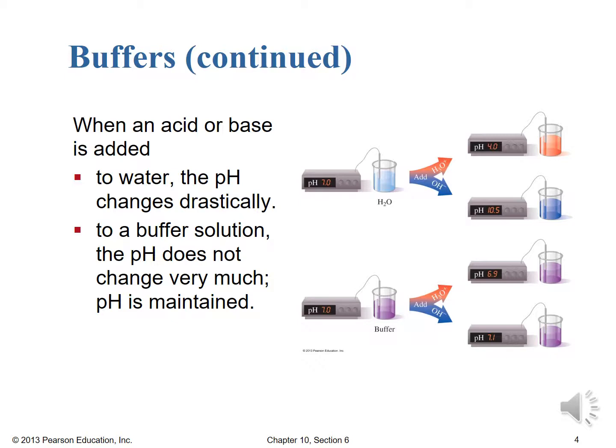If we did the same sort of thing with some base, whereas in the unbuffered water it caused a drastic 3.5 orders of magnitude increase, in the buffer we just go from 7.0 to 7.1. So these buffers are very, very good at resisting pH change. They do tend to decrease in pH when you add acid and increase in pH when you add base, but much less so than an unbuffered solution would.